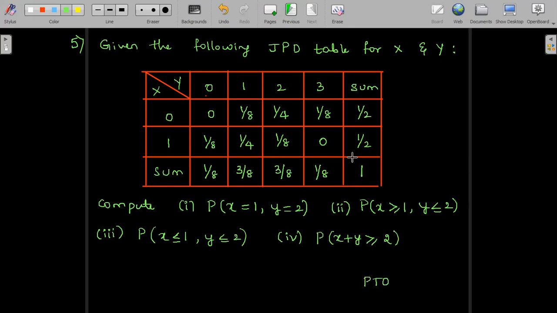So using the table, first let us write down the x, y values given for us. The y values are 0, 1, 2, 3 and the x values are 0, 1. Respectively let us write down the j values. From the joint table, we will always be able to write down the j values: j11, j12, j13, etc. Those values also we will write down.